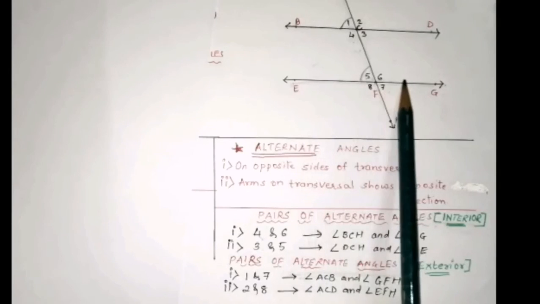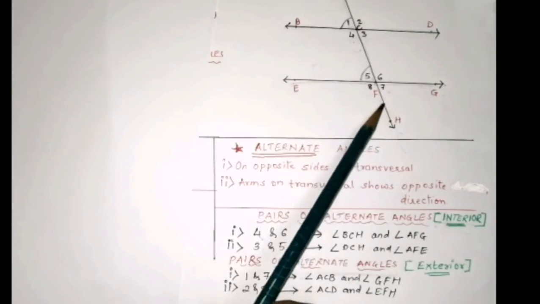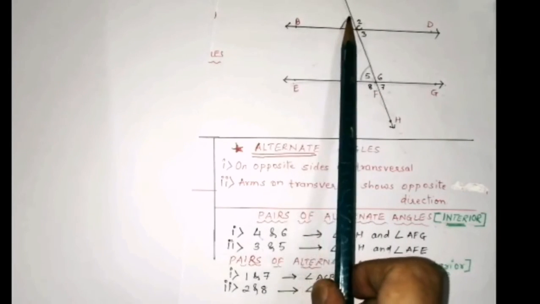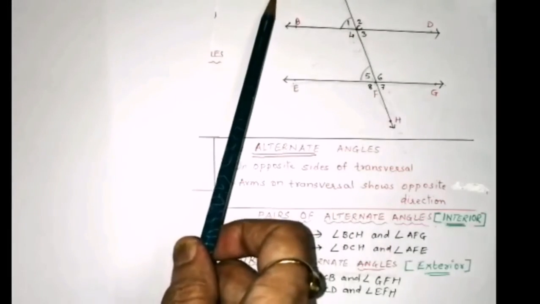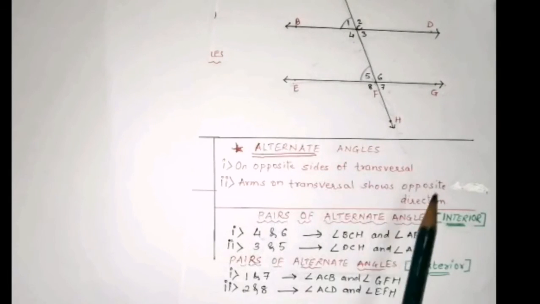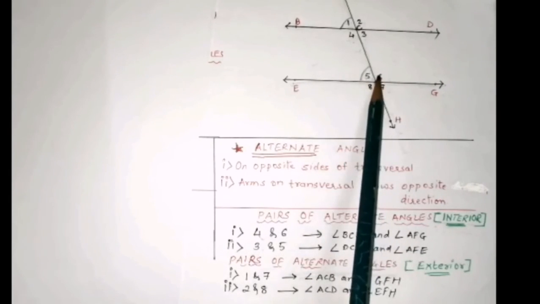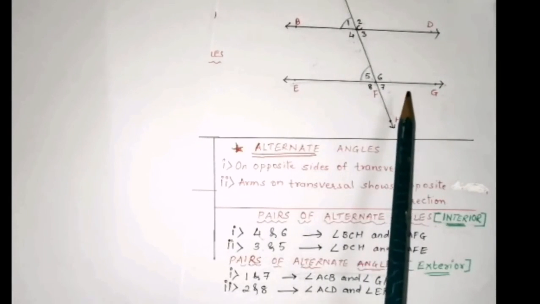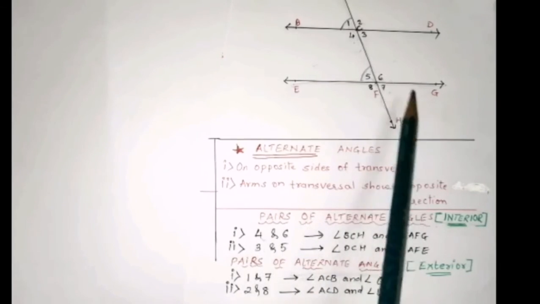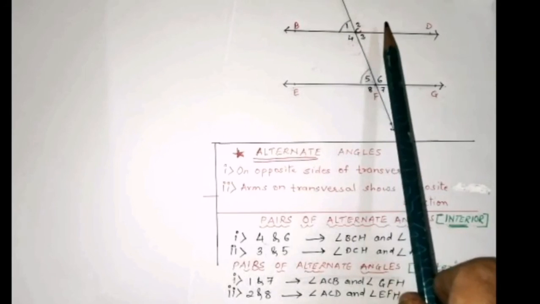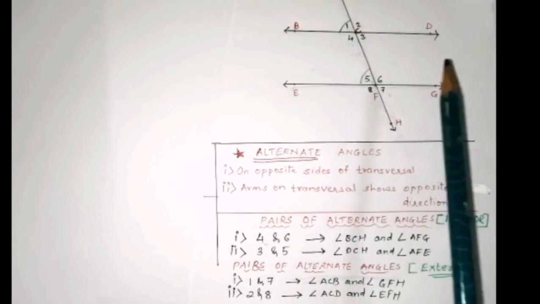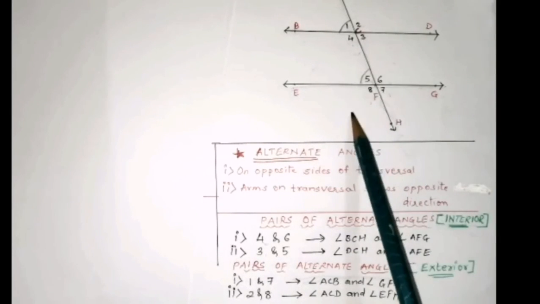Means this is the line and this angle is towards the outside. Angle number 1 is also towards the outside. The interior ones we saw, those are in between the lines. The exterior alternate angles are outside the line. So angle 1 and angle 7 is one pair. Angle number 2 and angle number 8 is another pair of exterior alternate angles.